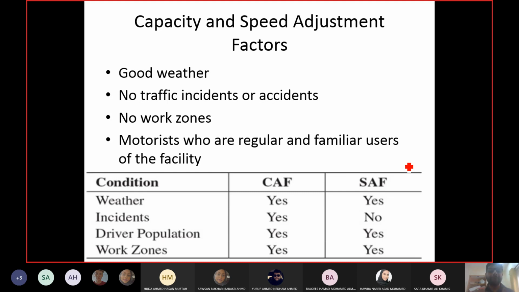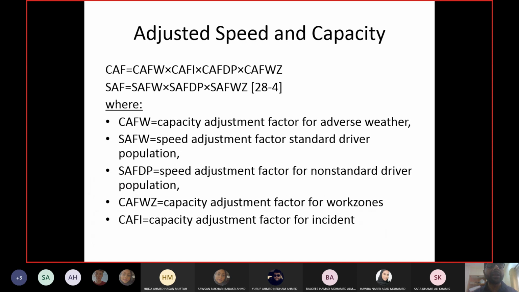Then you will combine the adjustment factors for capacity and for speed, because we need to use the combined adjustment factors. We will not use individual adjustment factors. The combined adjustment factor is calculated like this. The first one is the combined adjustment factor for capacity, and this one is the combined adjustment factor for speed.